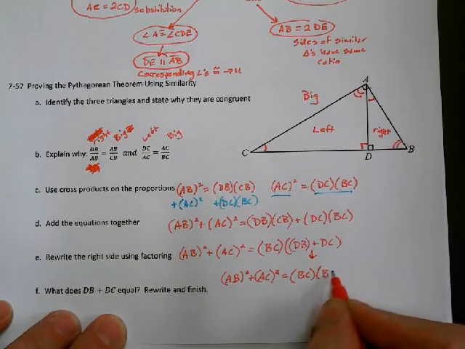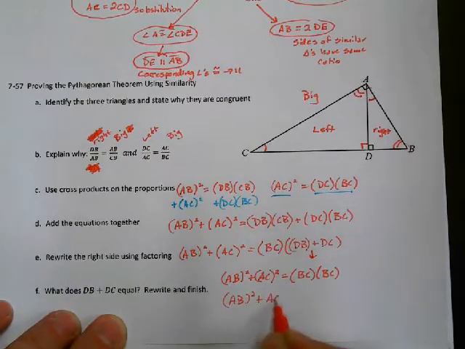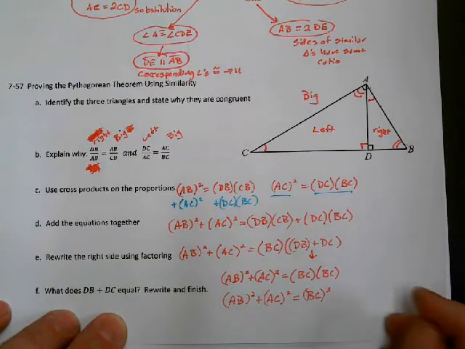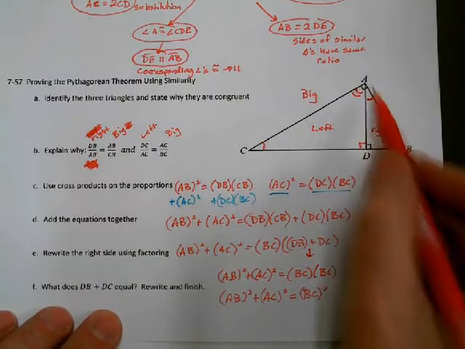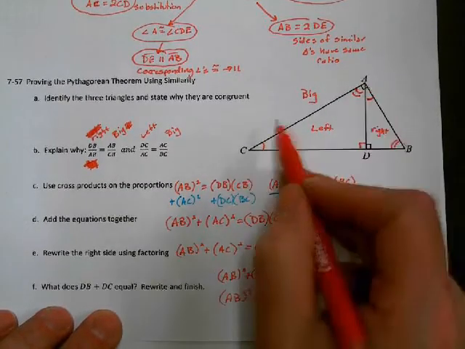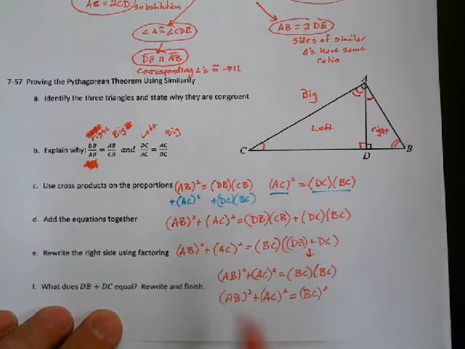I've got AB squared plus AC squared equals BC squared. Now, if you look at our big triangle, that would be this side squared plus this side squared equals the hypotenuse squared. That's the Pythagorean theorem. We just proved that it works using similar triangles. All right, backside. Almost done.